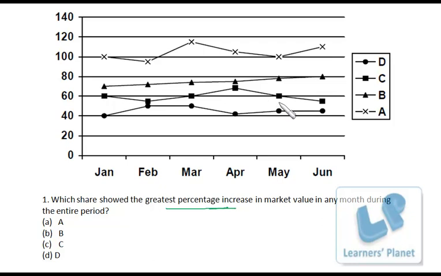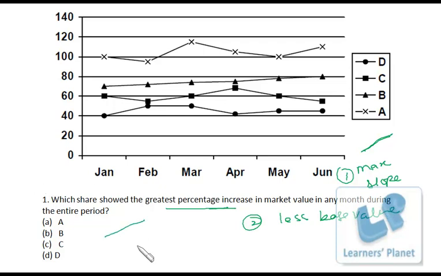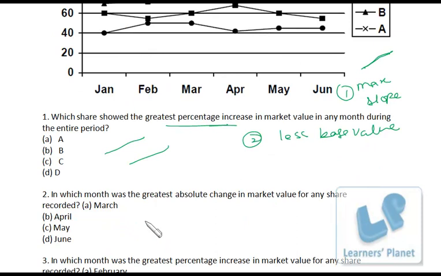But apart from this, there is one short way to solve this problem. You just check the maximum slope. The first thing, max slope, that is maximum slant. The second thing, less base value. Now suppose there are two slants having equal slope, maybe this and this, both the angles are equal.